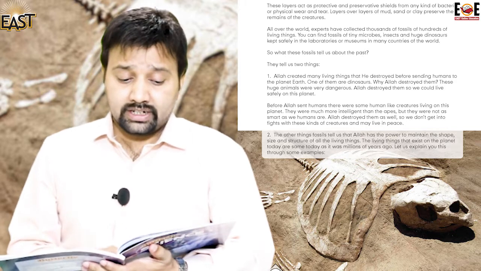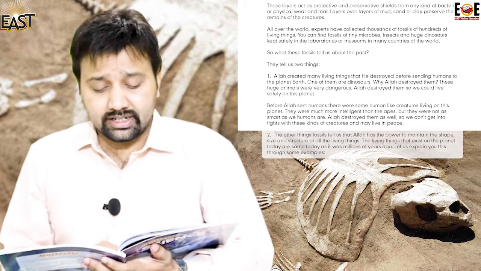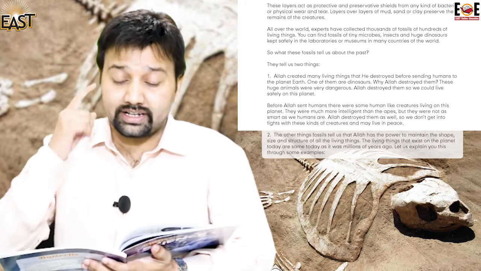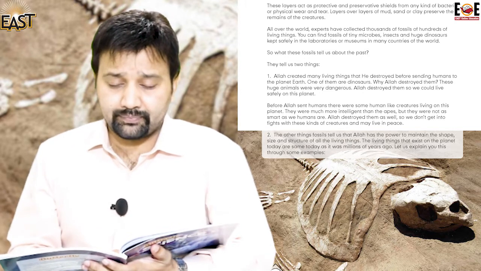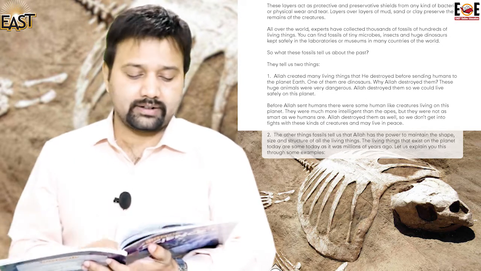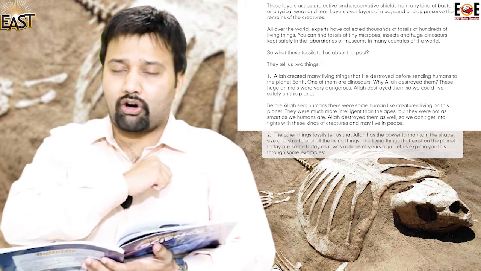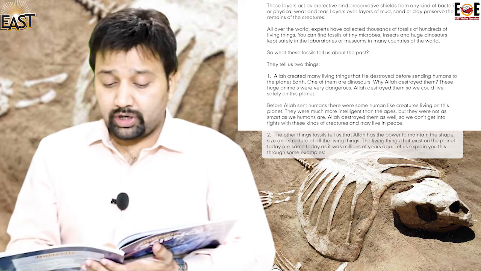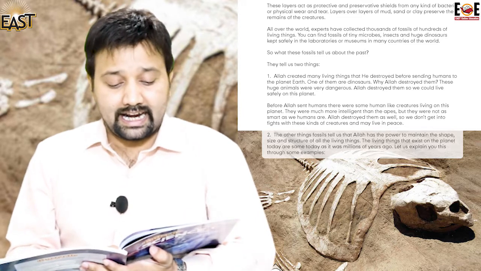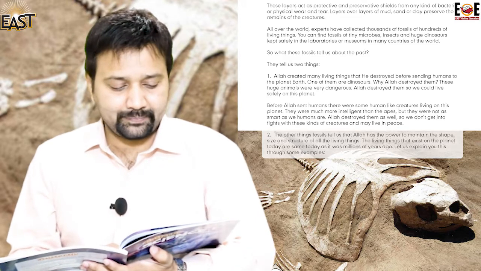Before Allah sent humans, there were some human-like creatures living on this planet. They were much more intelligent than the apes, but they were not as smart as we humans are. Allah destroyed them as well, so we don't get into fights with these kinds of creatures and may live in peace.